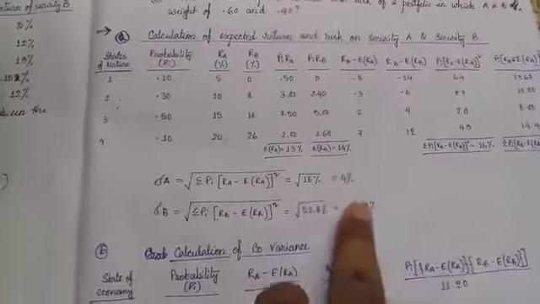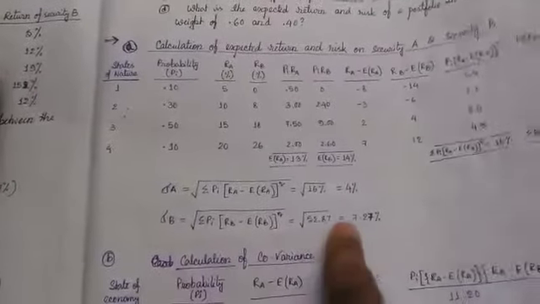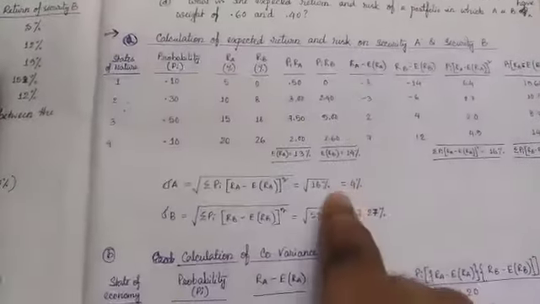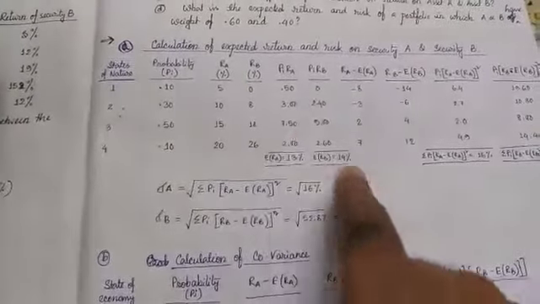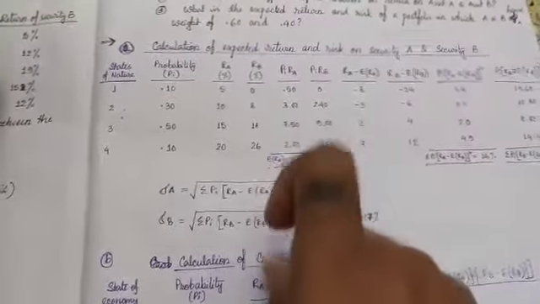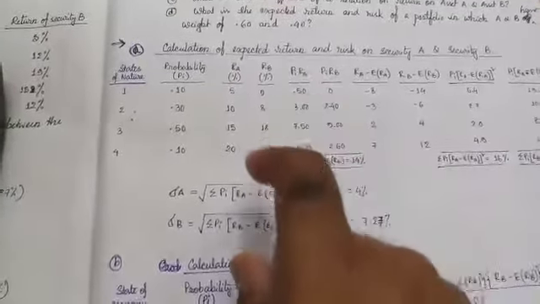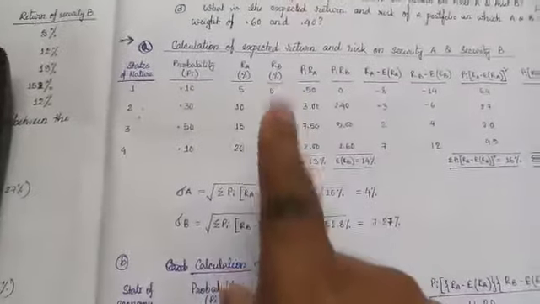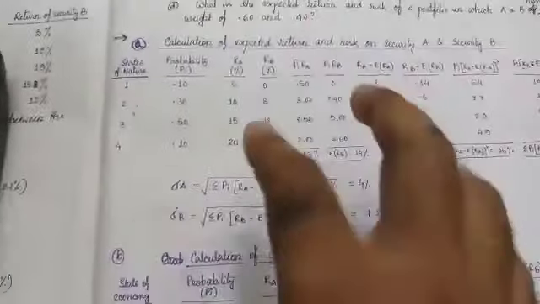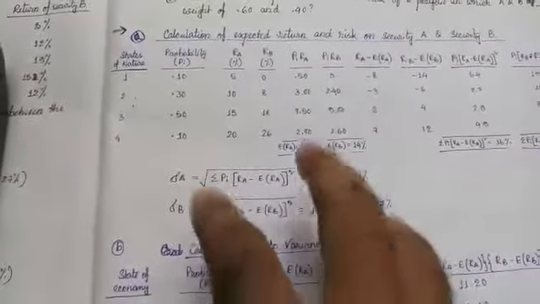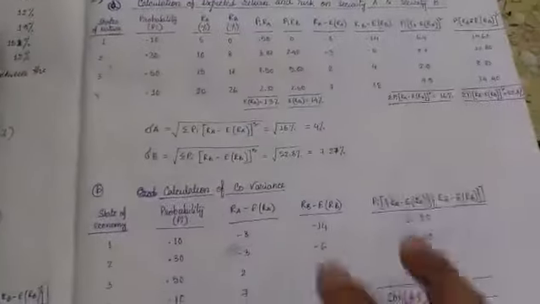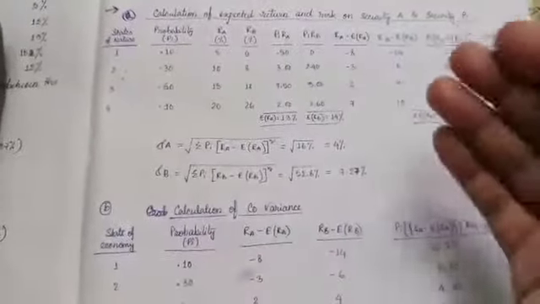So the risk of the portfolio comes to 5.3%, which is lower than the higher risk asset in the portfolio, and the return of the portfolio comes to 13.4%, which is more than the lower return asset in the portfolio, that means security A. So by constructing the portfolio, the investors will get the diversification benefit in terms of reducing the risk to some extent and increasing the return to some extent.